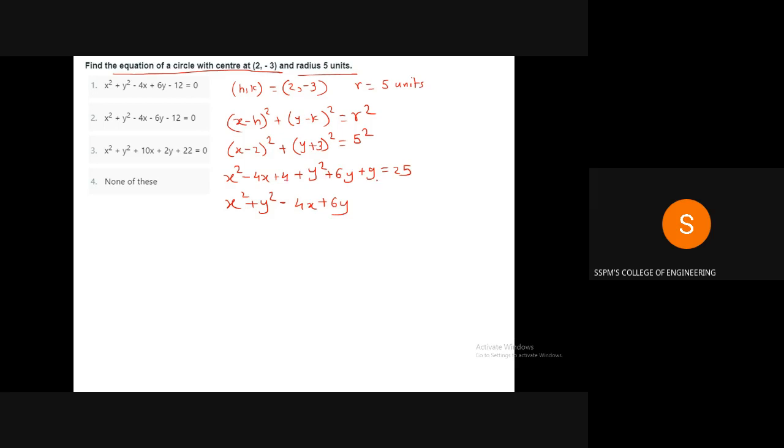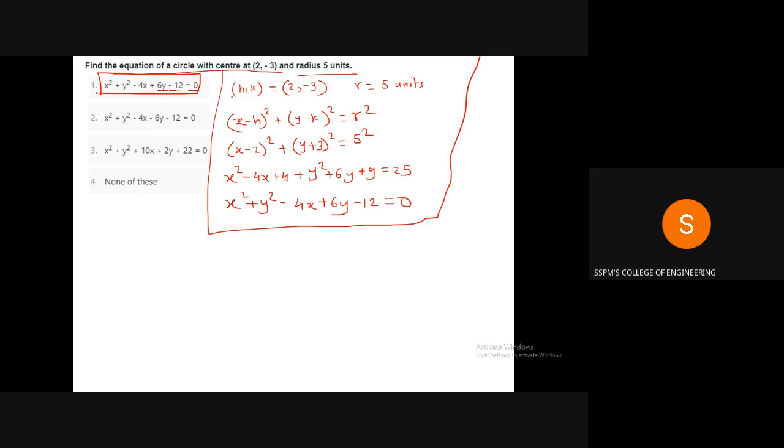Then 4 plus 9 is 13, 13 minus 25 is minus 12, equal to 0. So the first option is the correct one: x square plus y square minus 4x plus 6y minus 12 is equal to 0.